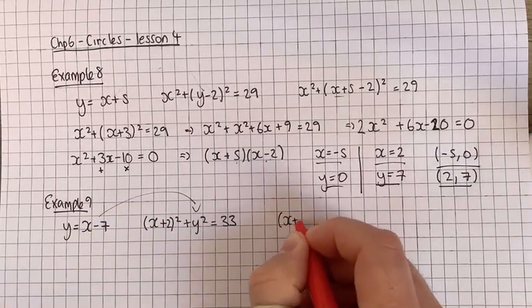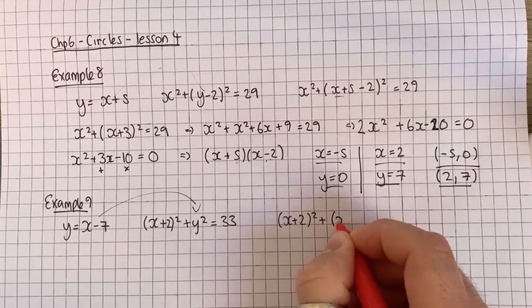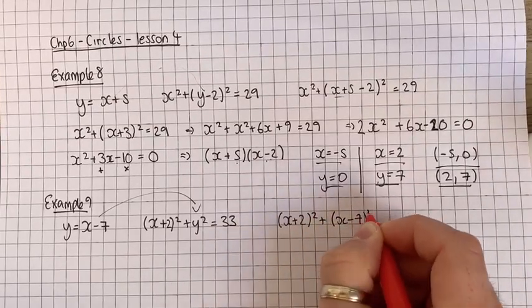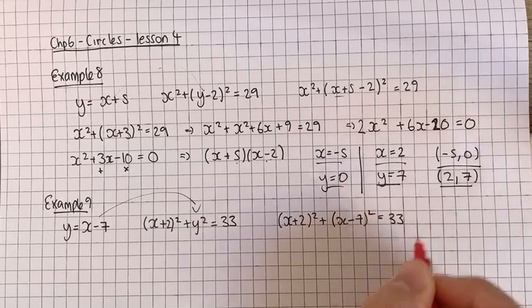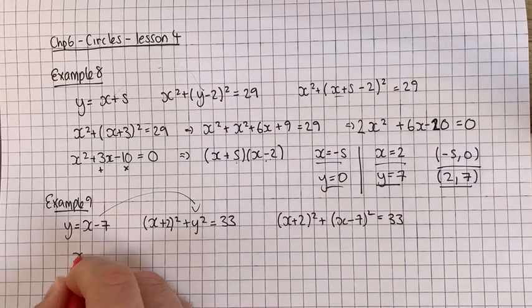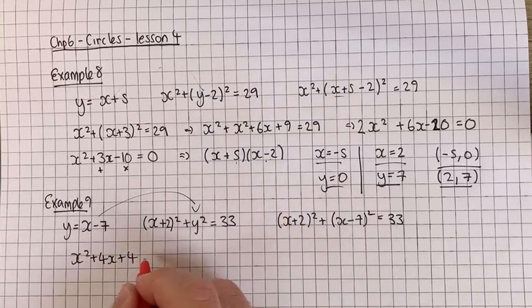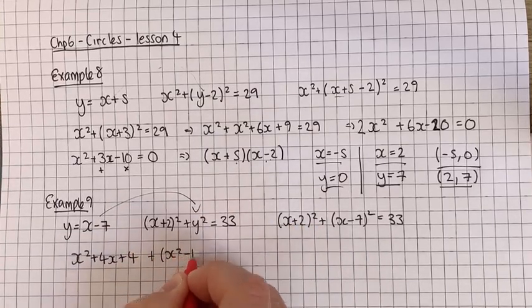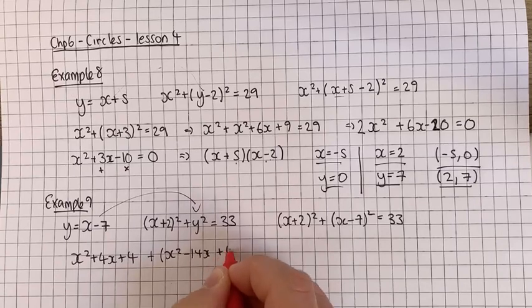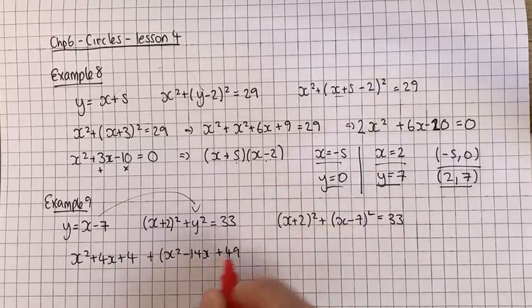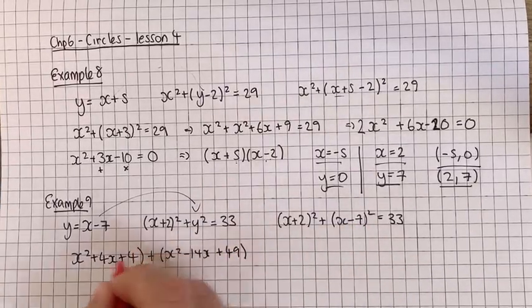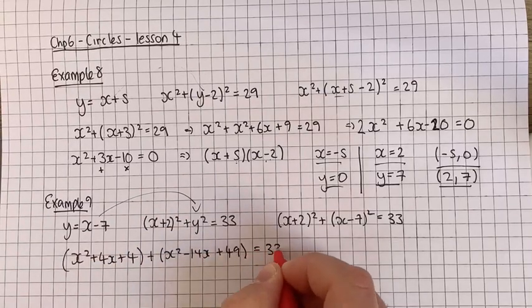So I've got (x plus 2) squared plus (x take 7) squared, because remember this is y, equals 33. Expand both the brackets, x squared plus 4x plus 4, which is this expanded, plus x squared, take 14x plus 49. Common error there would be to minus 49, so we'll check for that. Equals 33.